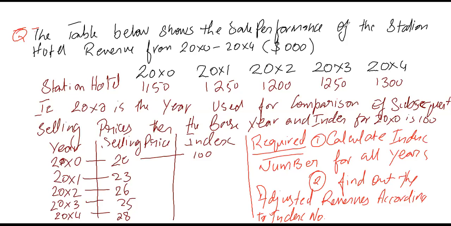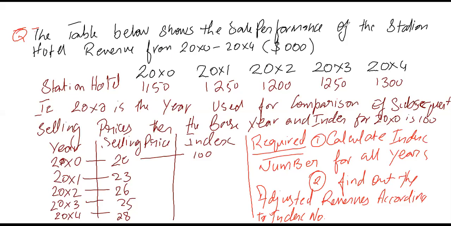So the question states that the table shows the sales performance for the station hotel revenue for 2000 till 2004, and the amounts are given in $1,000.